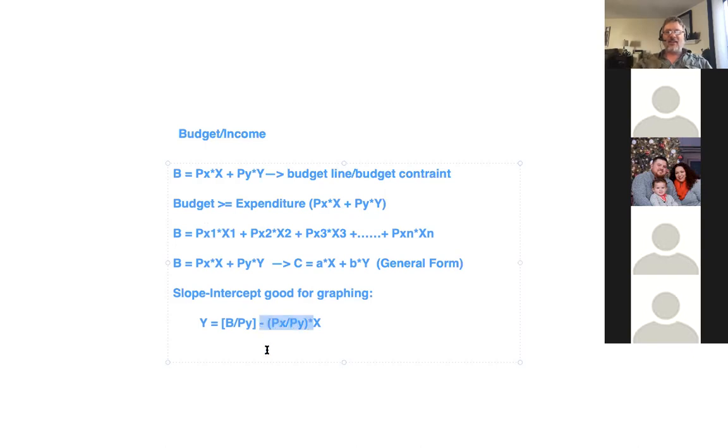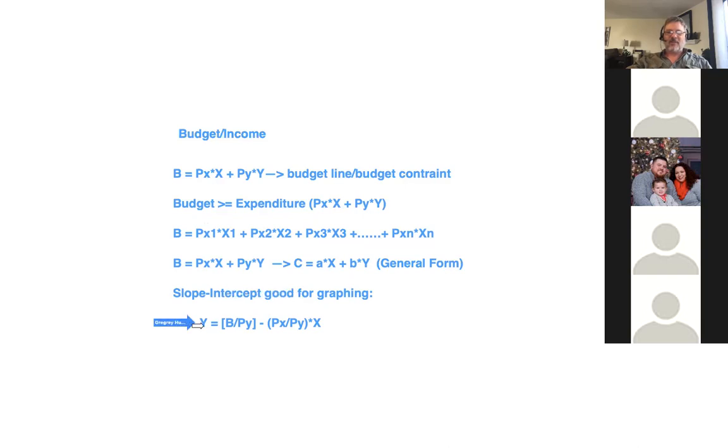Okay. I put this here because I want to communicate to you that we can take the equation in this form, which is a very intuitive one because it just tells us that the budget is equal to our total expenditure, and we can easily solve for y, put y on the left-hand side, and then we get the equivalent equation in slope-intercept form, which again is good for graphing.